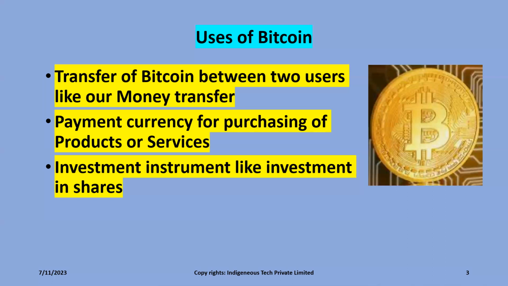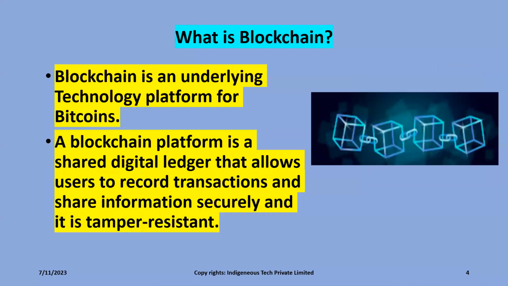Within India, you can invest in Bitcoins like shares, but you cannot use Bitcoin as a payment currency. India, the Indian government, still needs to approve that. But some Western countries like the US or European Union countries, UK, China, Russia, Korea, do permit usage of Bitcoins for purchasing products and services.